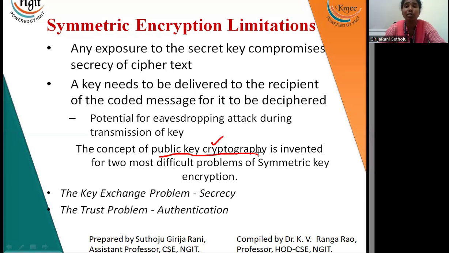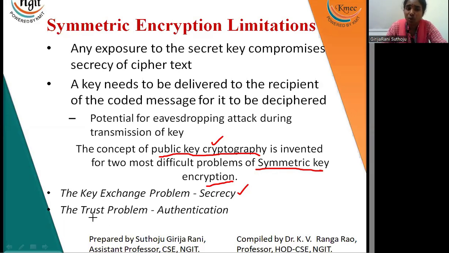This is invented to come out of the problem which we are facing in symmetric key encryption, that is the common key sharing between two entities. Along with this, we can address the key exchange problem so that we can achieve secrecy.